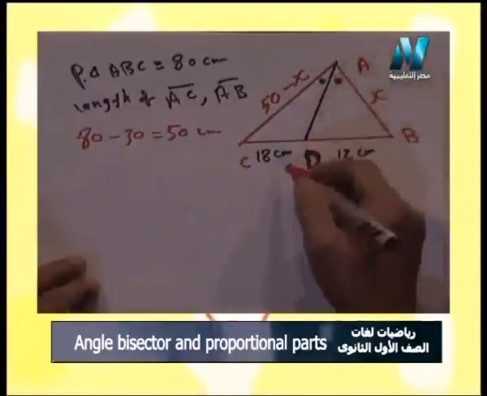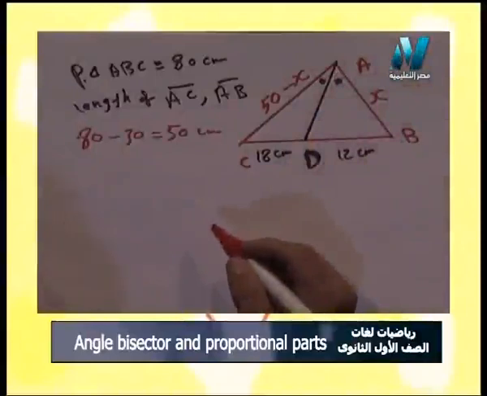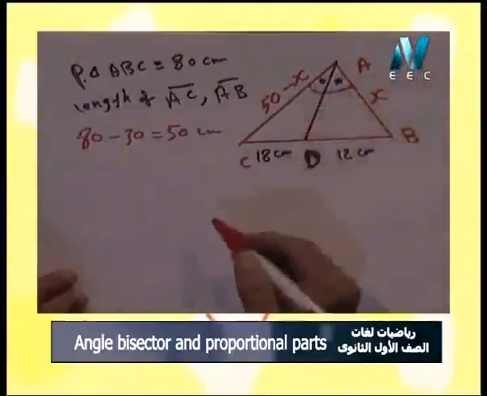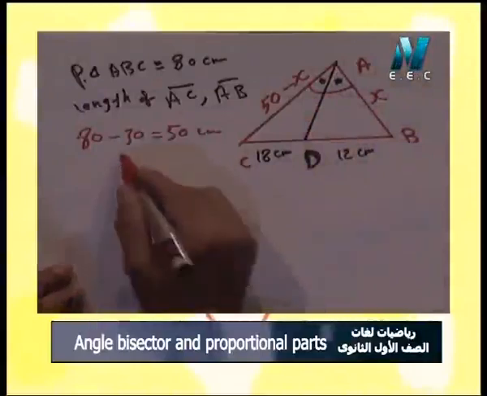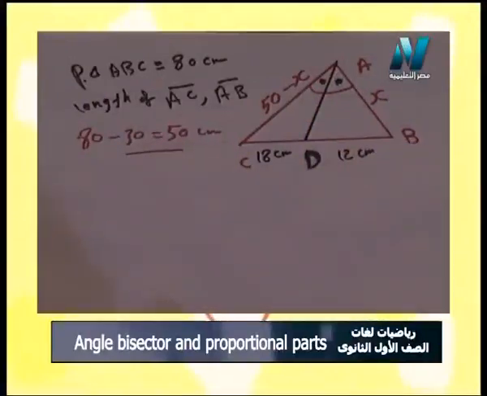So we have AB equals x, AC equals 50 minus x, BD equals 12, DC equals 18. And we have AD is a bisector, or interior bisector, of the angle A. So we'll use it to find the ratio.